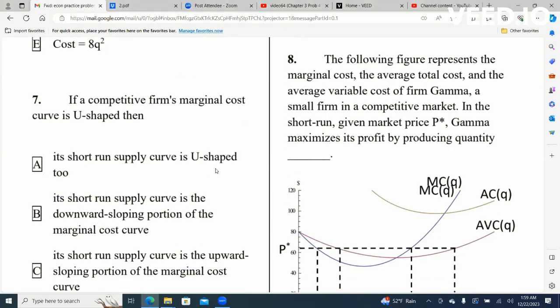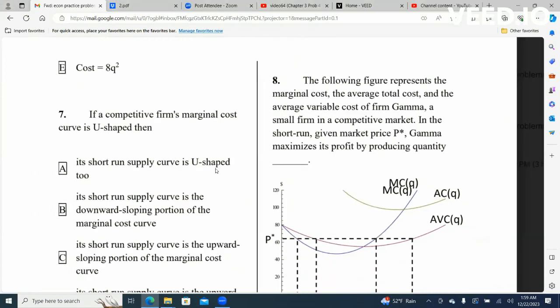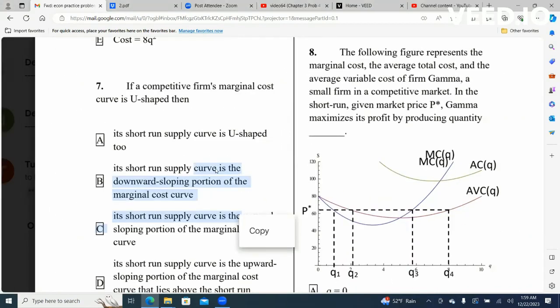So number 8, the following figure represents the marginal cost, the average total cost, and the average variable cost of firm gamma, a small firm in a competitive market.